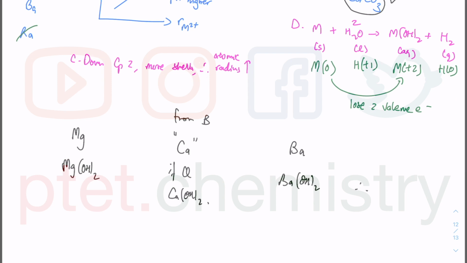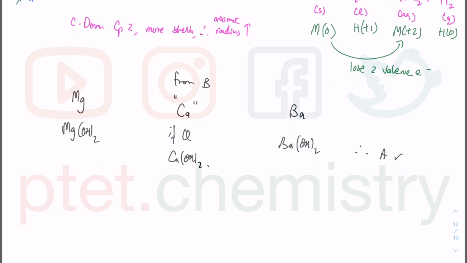So therefore, A is correct for that. A will be correct if R is barium. Okay. Now barium. So if this is Q, then this is R. Then we are saying that A is correct.